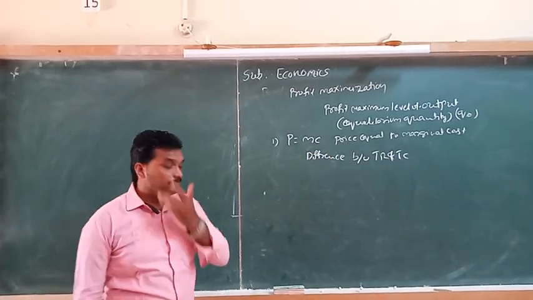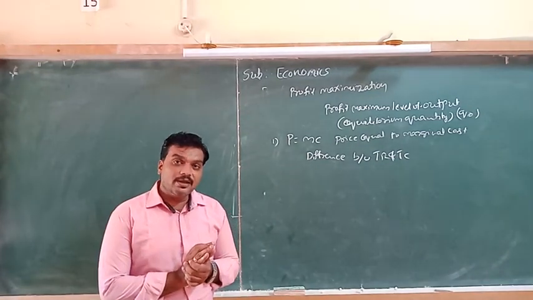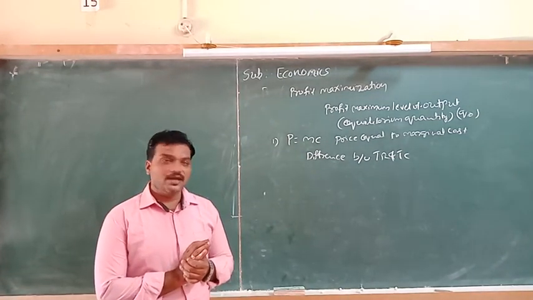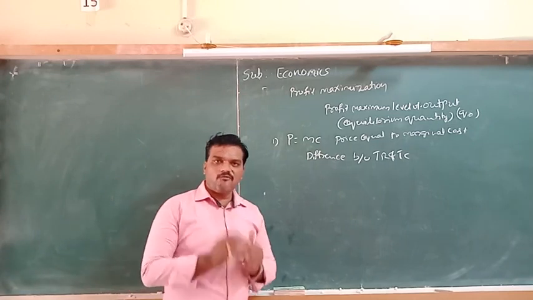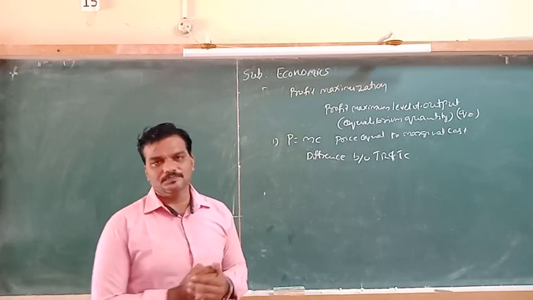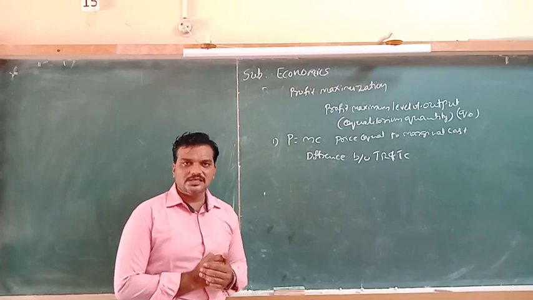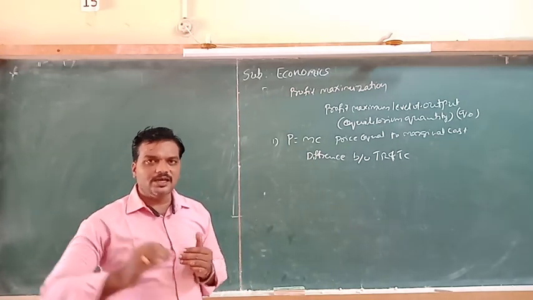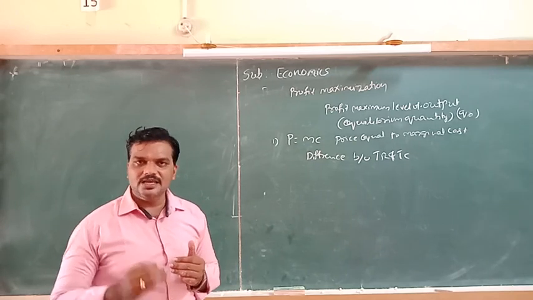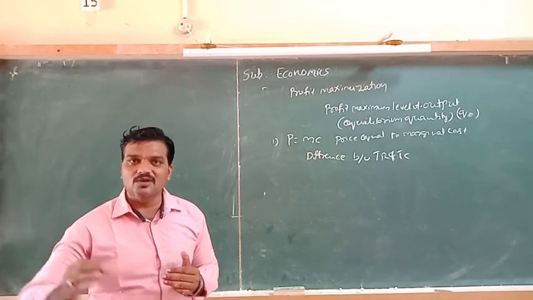As long as the difference between TR and TC is maximum, the firm's profit is increasing, because TR and TC both increase as the level of output increases.